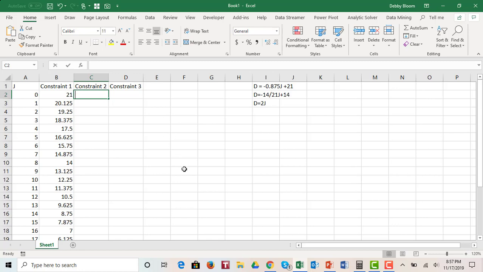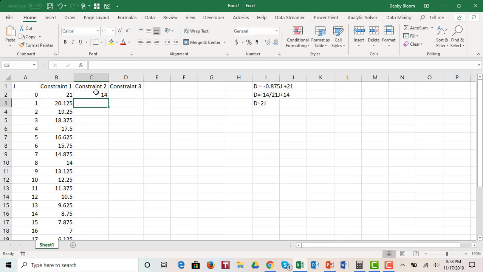So equals, open parentheses, I always like to put the fractions in parentheses just to make sure that the multiplication is okay. So negative 14/21, close parentheses, so I have that fraction calculated first. Then I multiply that fraction times our j, which would be A2, and then add the number 14.